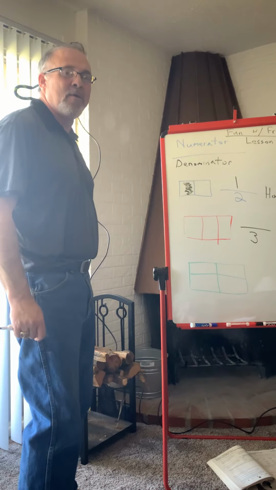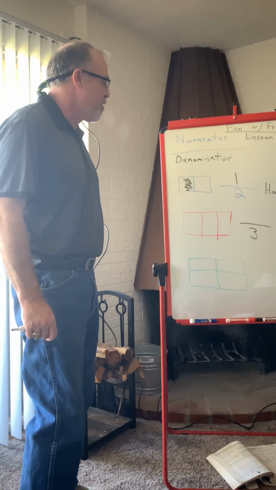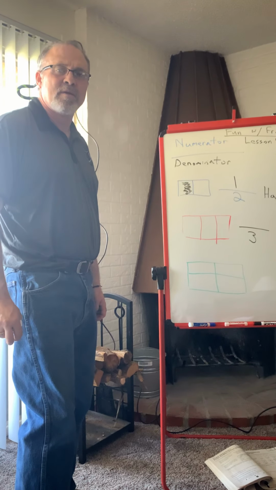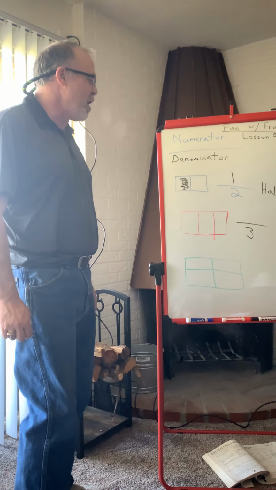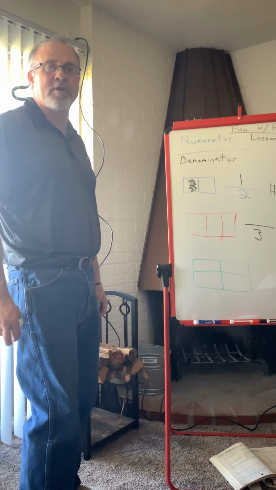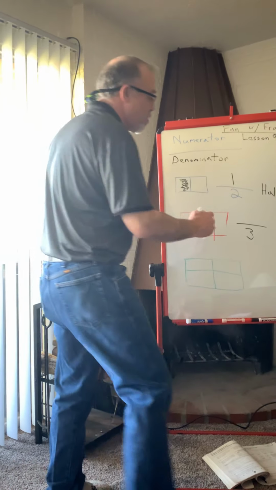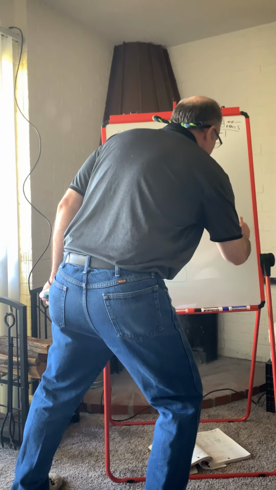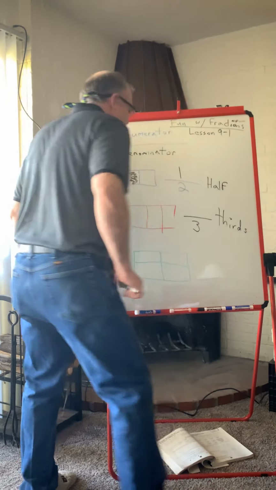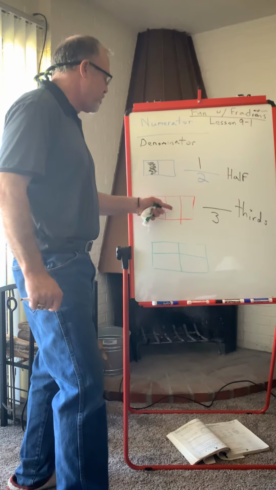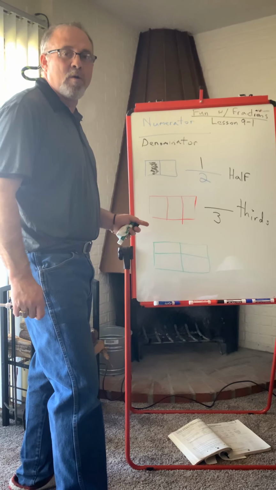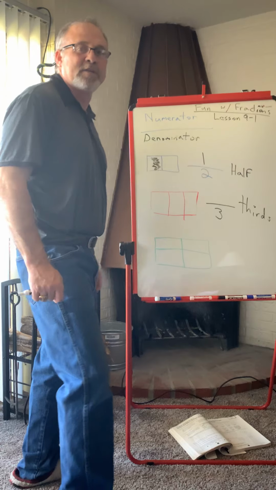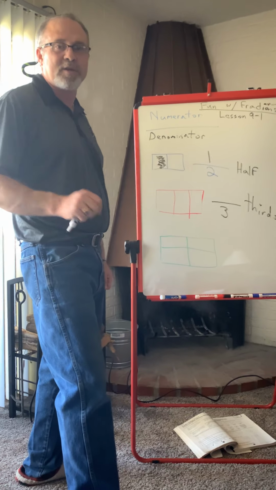Now, if it is 3, what do we call that? Do we call it a half? No. We call them thirds. I'm going to write that word out. Thirds, because we have 1, 2, 3. It's broken into 3 parts.